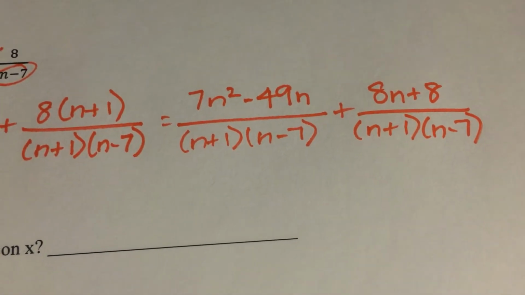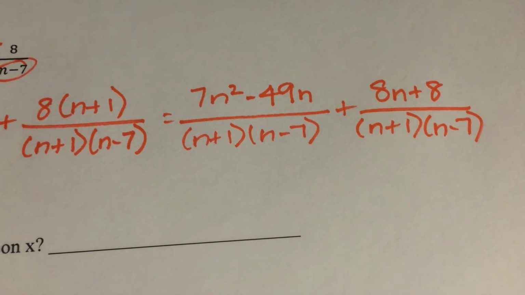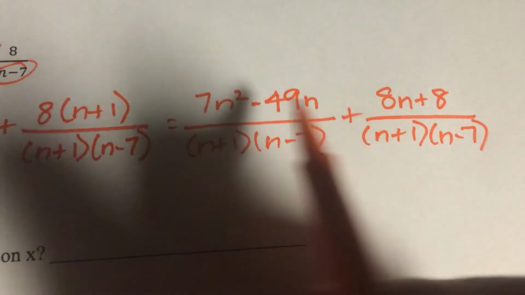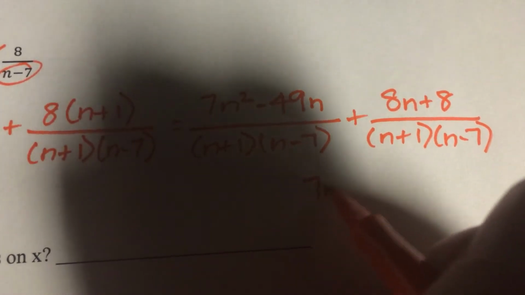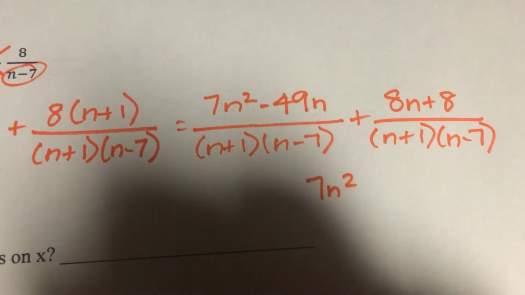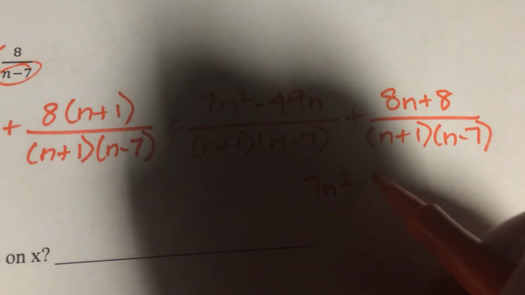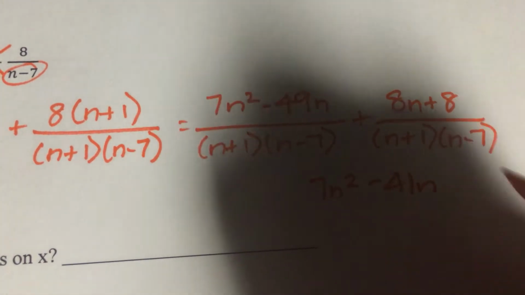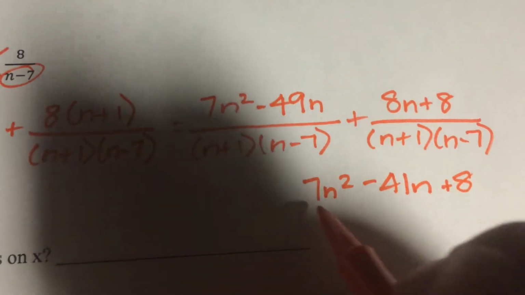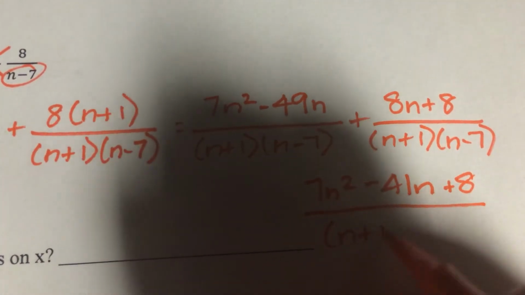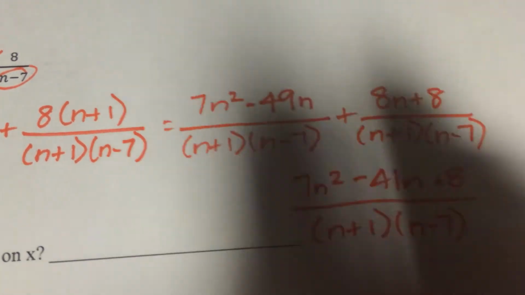And then all I have to do is combine my like terms in my numerator. So just adding straight across, I'm going to get 7n squared, negative 49n plus 8n is going to be negative 41n, plus 8 over n plus 1 times n minus 7.